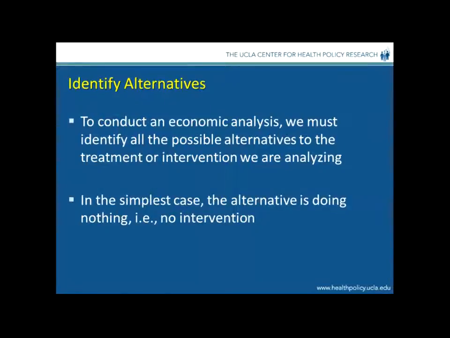And in many cases, the alternative to whatever the intervention is, is no intervention. In other words, usual care is often the comparator, and usual care may be watchful waiting. We don't have an effective treatment yet for this, so we haven't done anything. And now we have something that we can do.